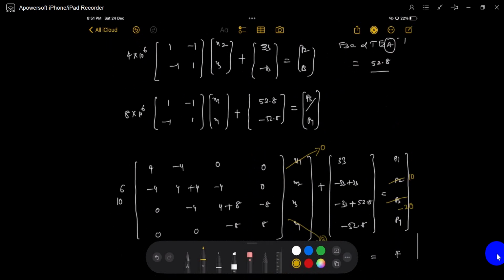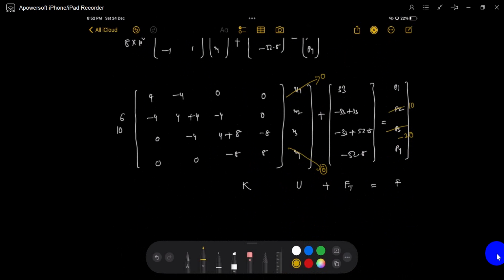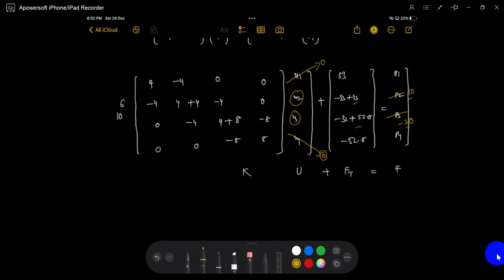So the remaining unknowns are U2 and U3. Two equations, two unknowns: the second and third equations. You already know P2 is 10, this is minus 20, and this value is 0. You can solve it and you will get U2 and U3.